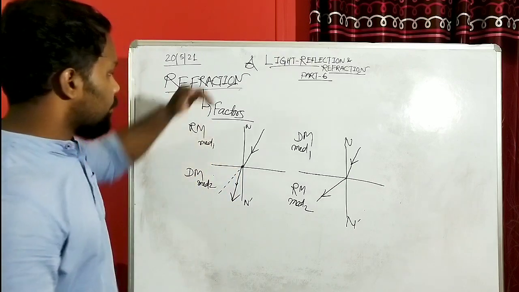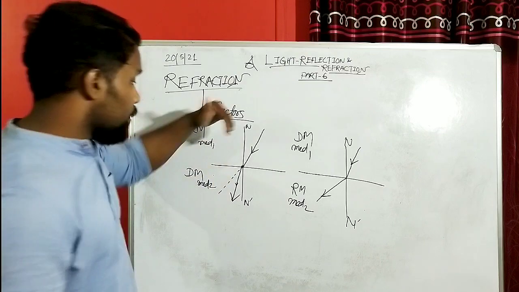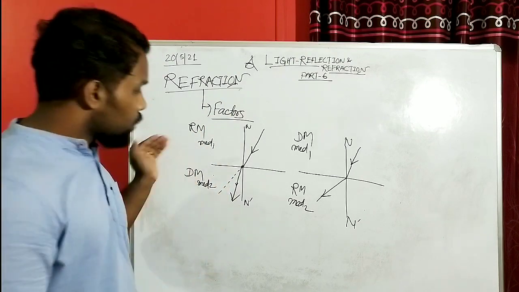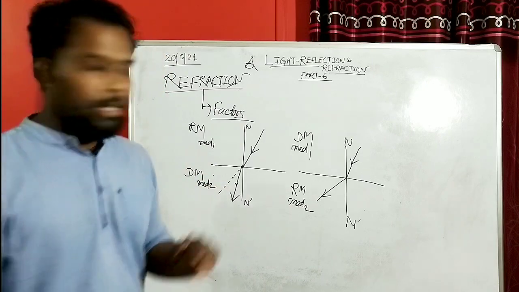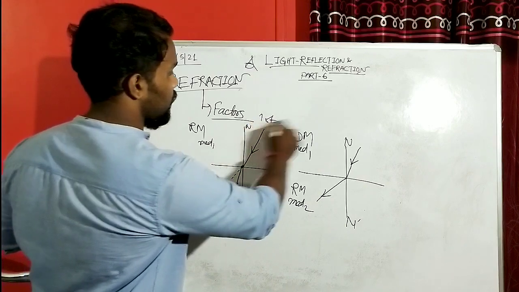When the ray is incident from a rarer medium and gets refracted into the denser medium, the refracted ray moves towards the normal. This is the first case, and this is the second case.